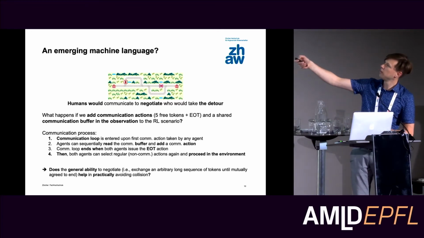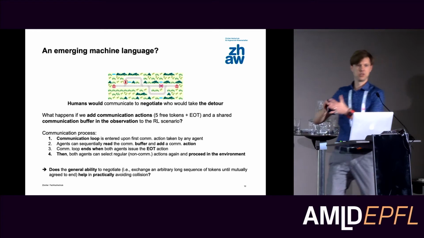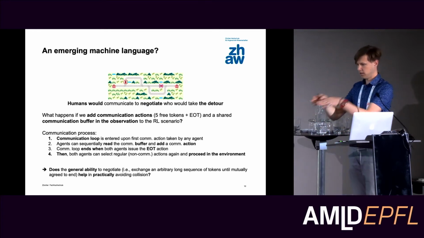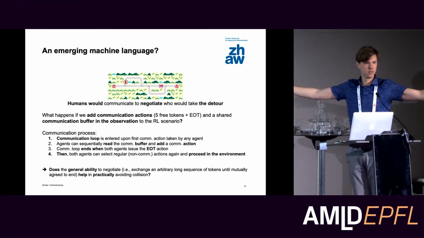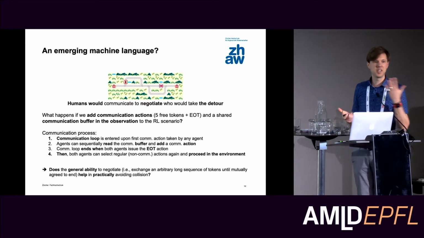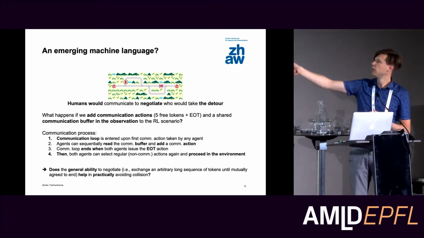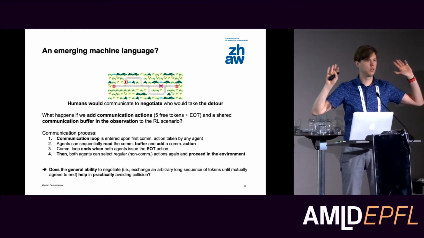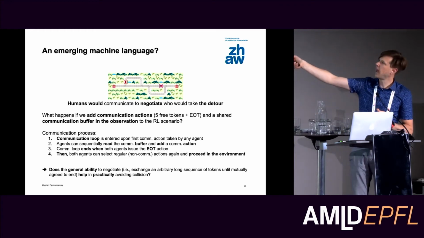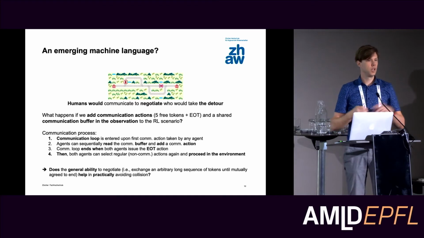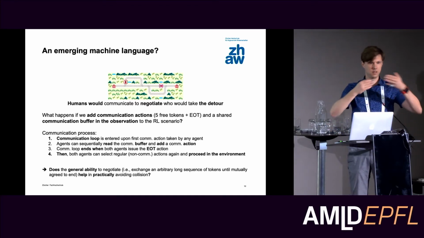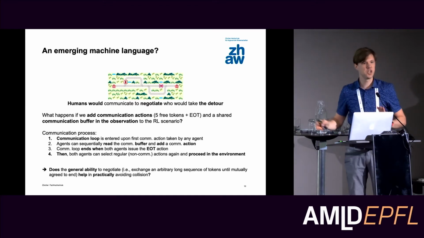Instead of just giving the agents actions to move, like go straight, stop, go left, go right, go reverse, we gave them 6 more actions, 6 communication actions. 5 of them free tokens, we didn't define any meaning, and 1 an end of transmission token. If both of them say it after each other, communication is over.